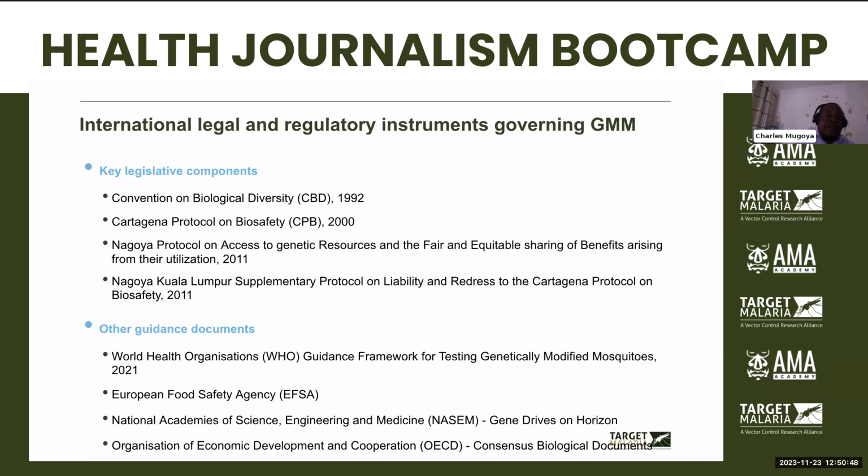Then we have the Nagoya Protocol on access to genetic resources and the fair and equitable sharing of benefits. And then we also have the Nagoya-Kuala Lumpur Supplementary Protocol on liability and redress. So these key instruments talk to different things, but at the end of the day, they guide the way we conduct our planning for genetically modified mosquitoes and gene-drive mosquitoes.